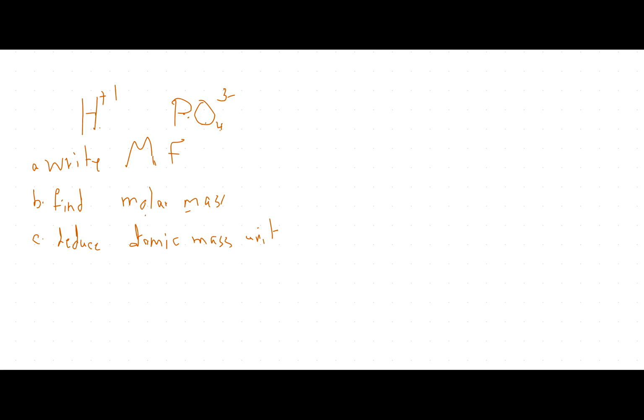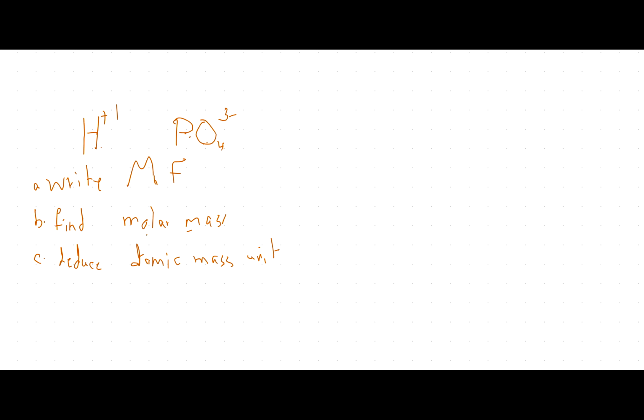Miss, I have a question. The first one you said write the MF. How do you write it though? What is the meaning of MF? Molecular formula? Yes, so write it. I already gave it to you.